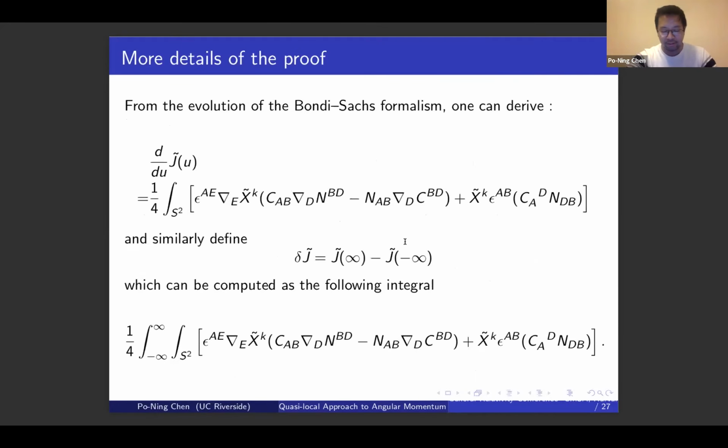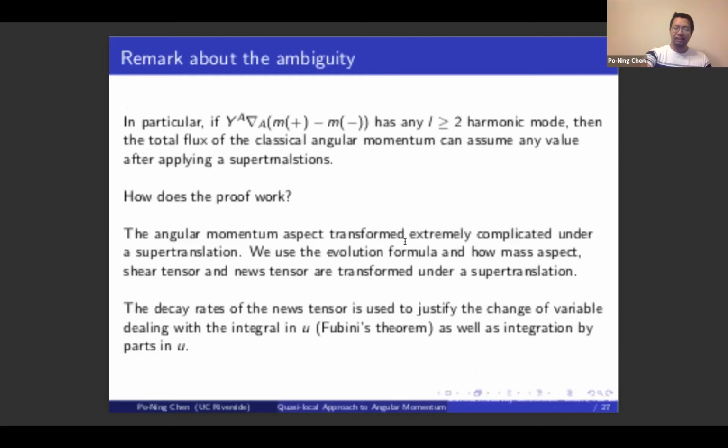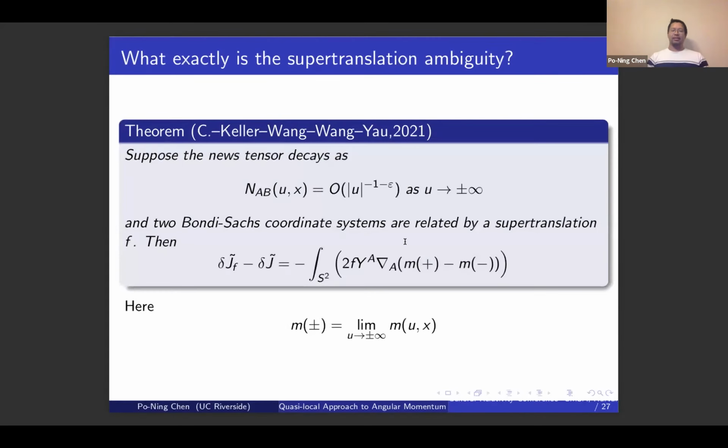But from there, and also using the Einstein equation in the boundary coordinate system, one can derive that it integrates completely in u, so that the final result is just the difference of the mass aspect at plus and negative infinity integrated on an S2. Okay.